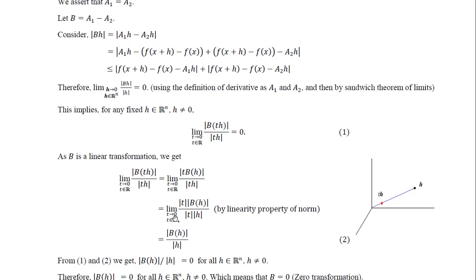And because t is tending to 0, t is coming closer and closer to 0, but it is not the real number 0. So in that case this t being a non-zero real number, and this t being again a non-zero real number, we can cancel out these t, and therefore what we get is norm of Bh upon norm of h. Now let us see, we have got this limit, means the left hand side, equal to 0.